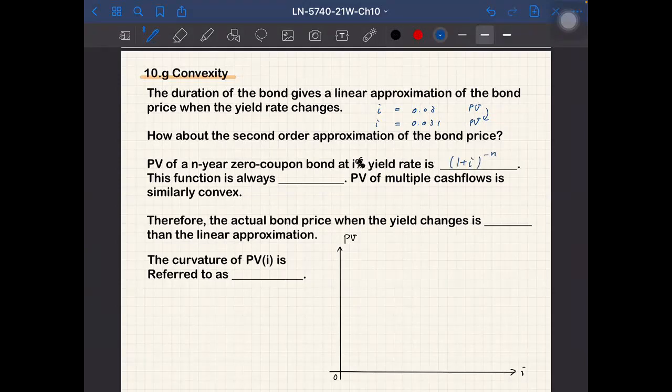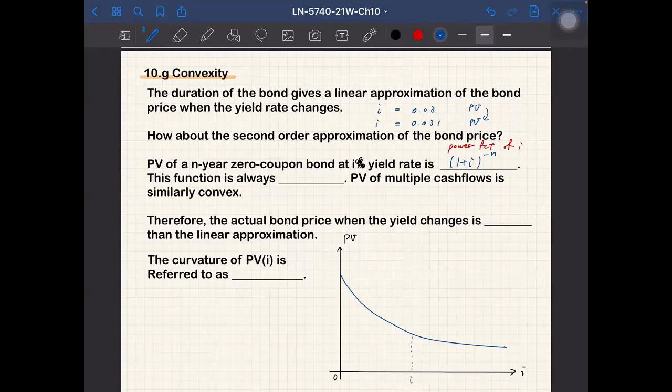So this is a power function of i, and the exponent is negative n. The graph of the PV as a function of interest rate i is like this. It's convex.